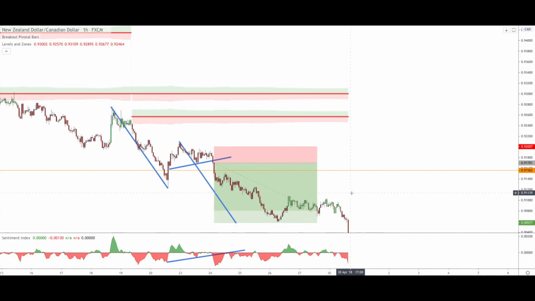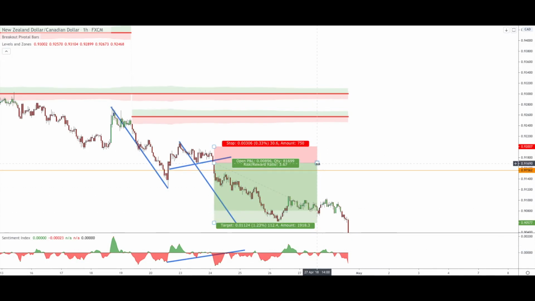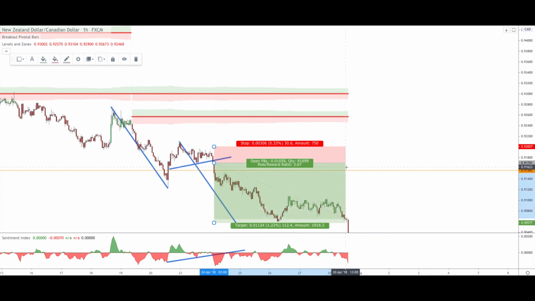I must admit it took quite some time. It took longer than I was hoping for, but we ended up reaching the target. So we got a 3.7x return, which is excellent.